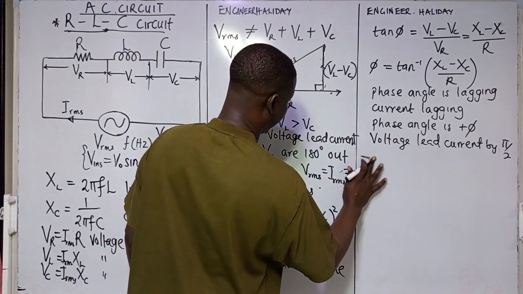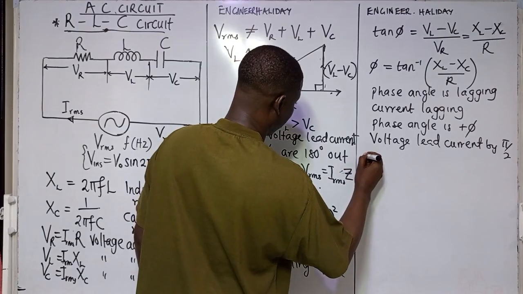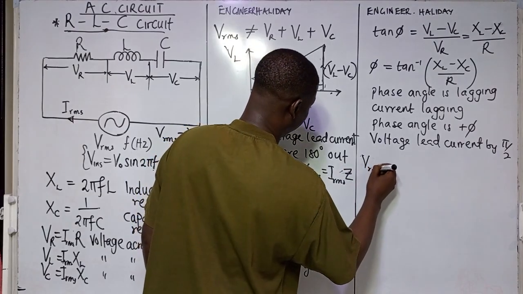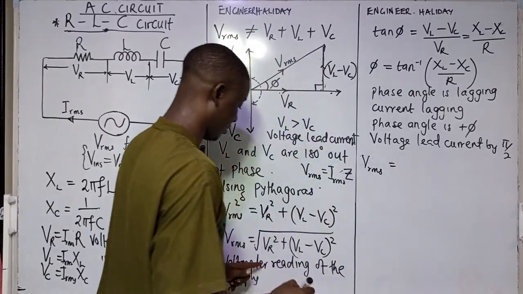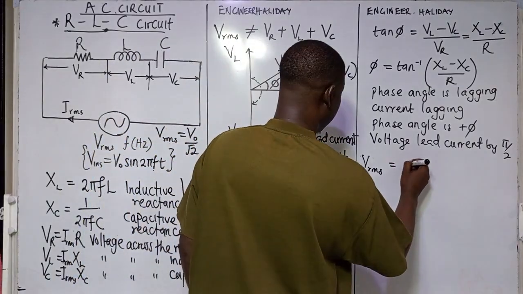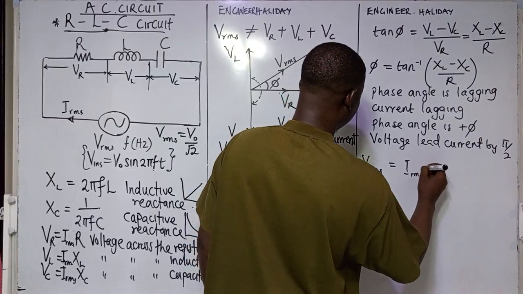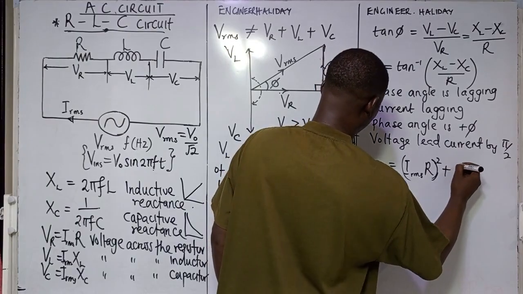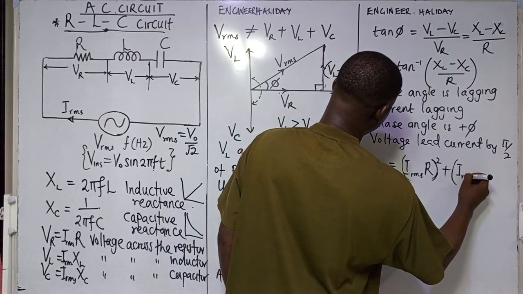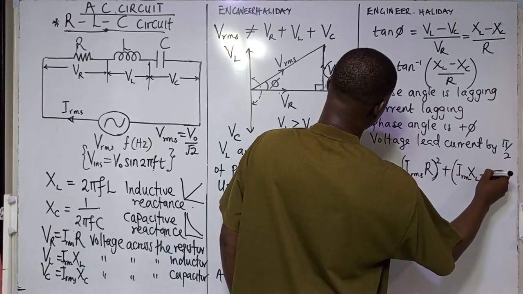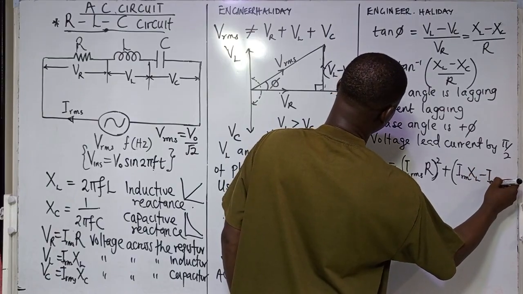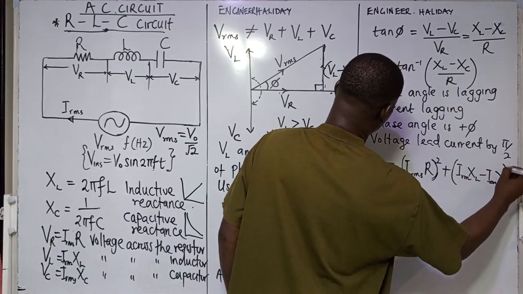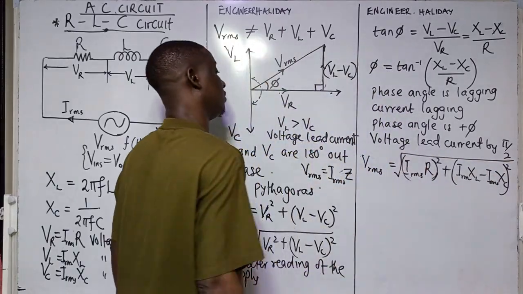Okay, let me leave it first. We are going to have VRMS equals the square root of (IRMS times R) squared plus (IRMS times XL minus IRMS times XC) squared.